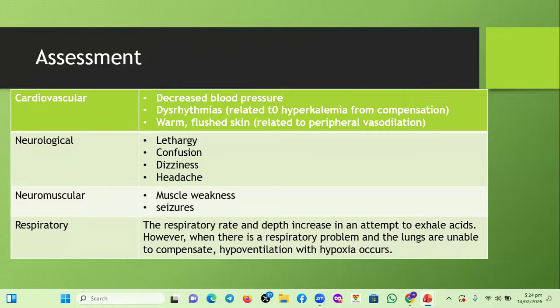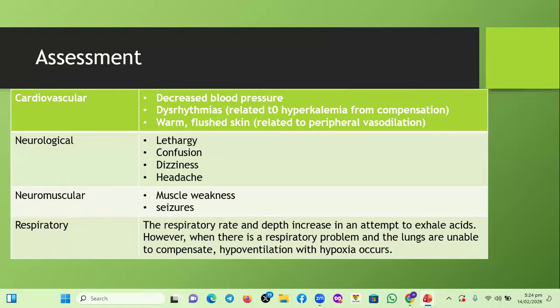hypoventilation. And so normally we expect that if someone is experiencing respiratory acidosis, there is compensation, just like when one is experiencing hypotension, tachycardia has to come in as a form of compensatory mechanism so that it will pump more blood.